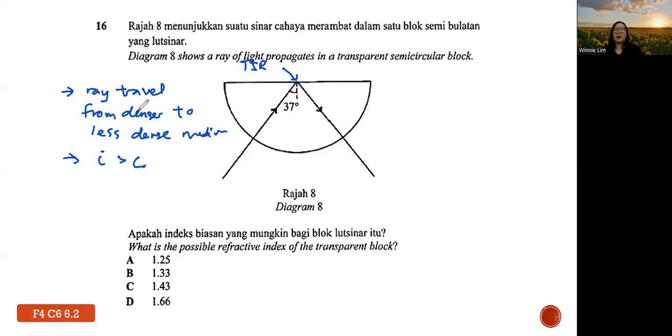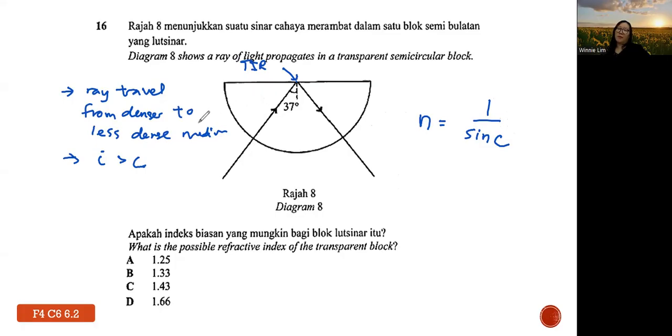So what you can do is find out the refractive index of the medium, where we can relate it with this equation, n equals 1 over sine C. If your angle, this 37, is more than the critical angle, that means the ray will show this.